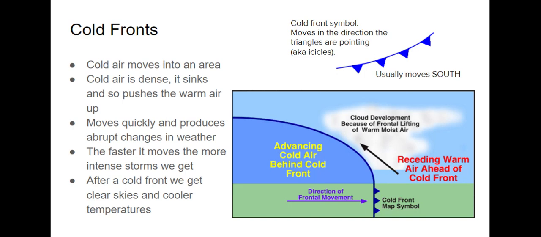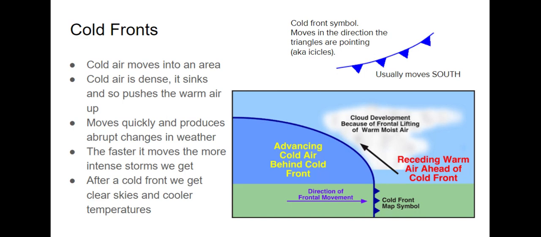But this cold air moves fast, okay? Unlike the warm air. Remember, the warm air was lazy, but this cold air comes in quick. And when it comes in quick, it pushes that warm air up. And the faster it comes in, the faster that warm air rises, the more intense storms we get.